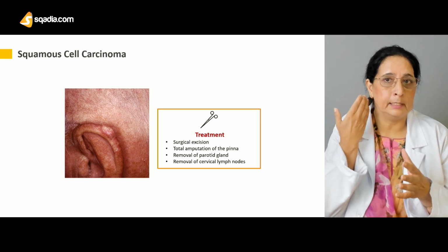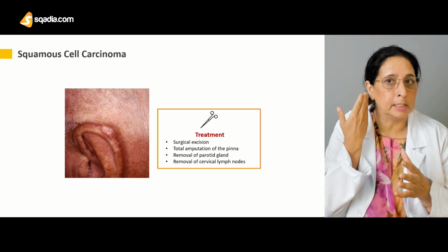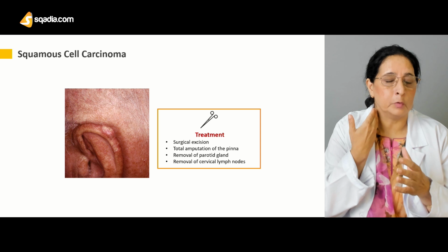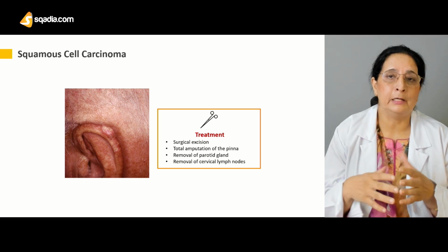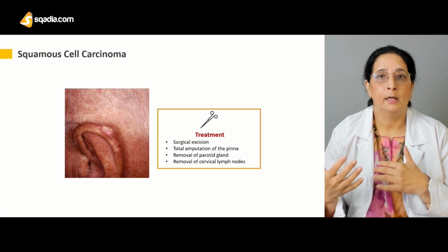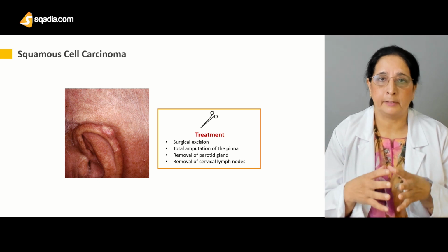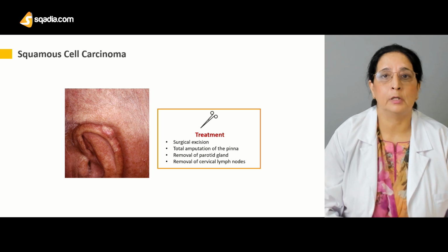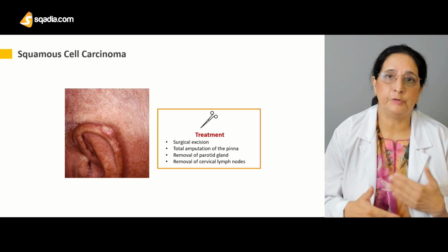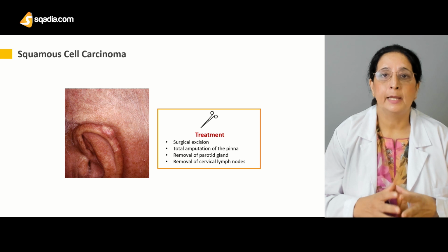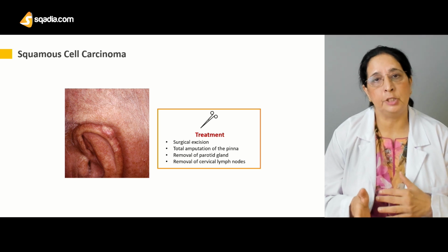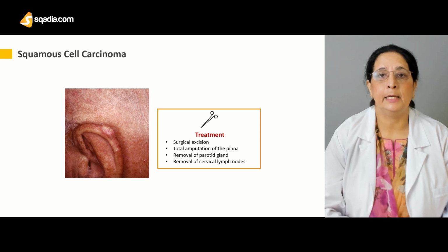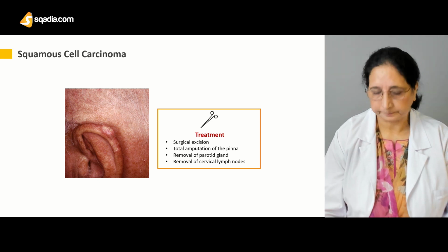Cervical lymph nodes are very close to the external ear, so it metastasizes there first. Removing those lymph nodes may give a better prognosis if it has not already metastasized beyond that area. All these treatment options can be used depending on the stage of the tumor and how badly the body is affected.